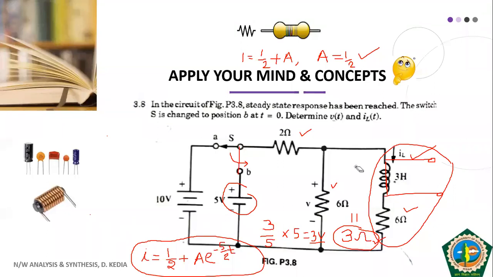So after we have obtained the value of ILT, now our next job is to find out the value of this V. And since the current which is flowing through inductor is a function of time, that's why the voltage across resistance also will be a function of time.